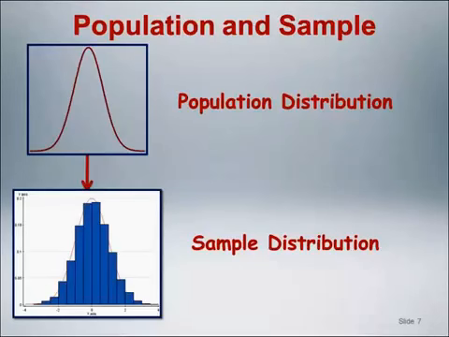The point I want to make is that the Gaussian assumption we make is an assumption about the population distribution, not the sample. The shape and properties of the sample distribution are inherited from the shape and properties of the population distribution.